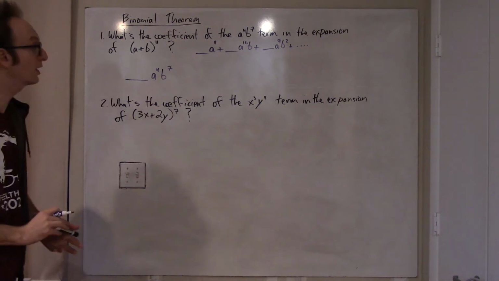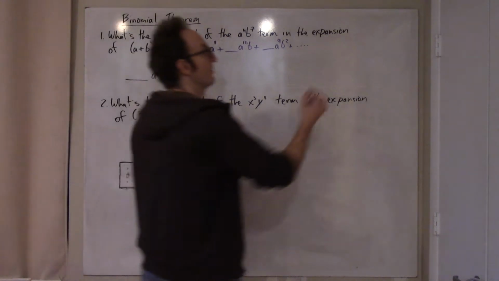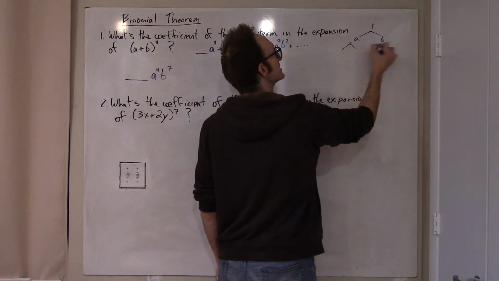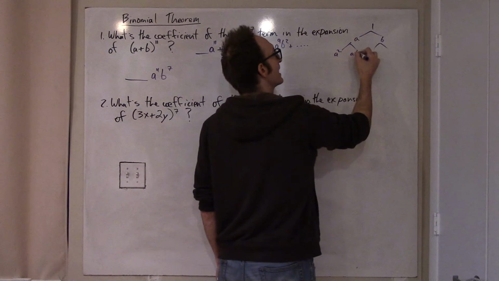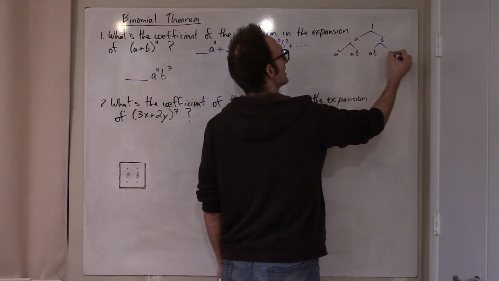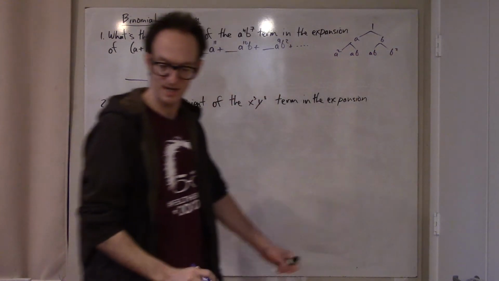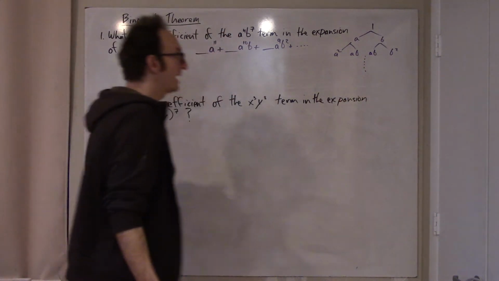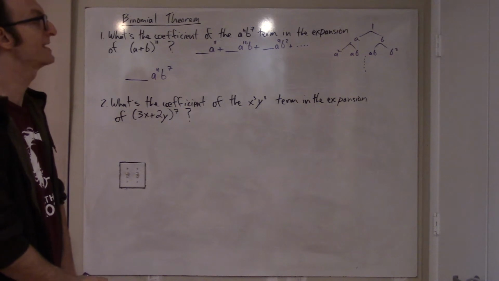But the way I encouraged you to think about this is to imagine this entire tree, that starts with 1, and this is a, b, and this is a squared, ab, this is also ab, this is b squared, and every row of the tree, you go all the way down, multiplying each term by a, and each term by b.